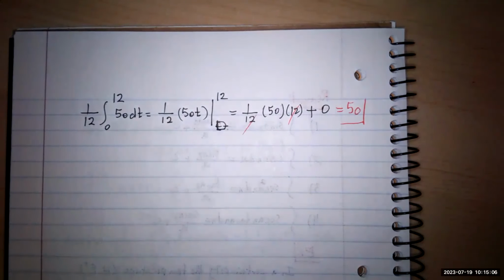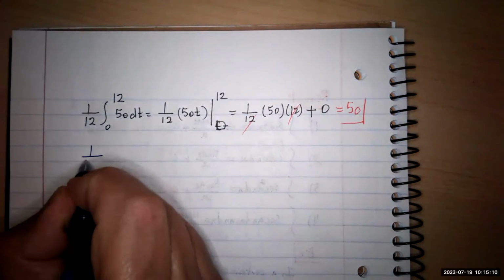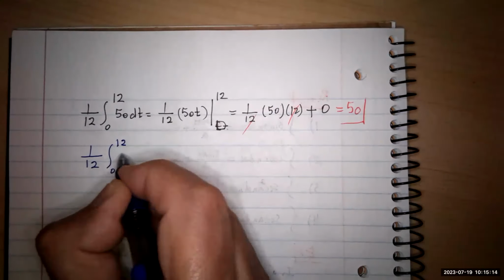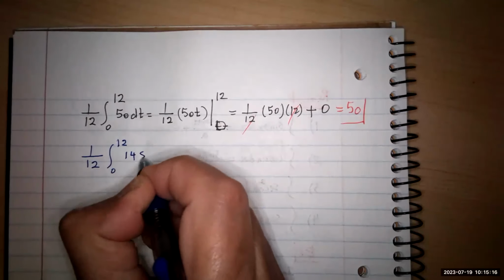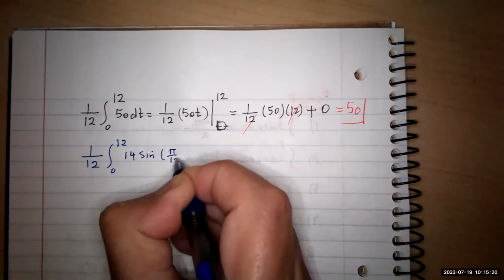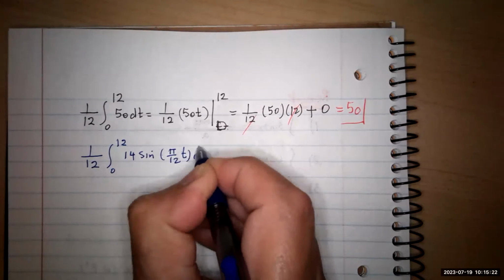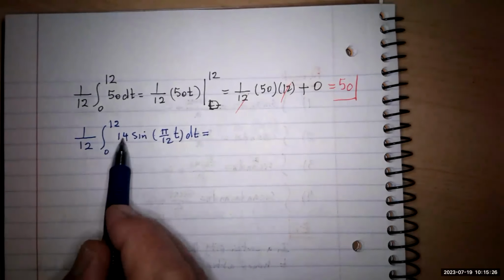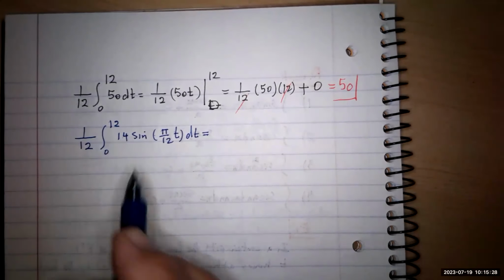Now the second part is our main concern. What was the second part? 1 over 12, integral from 0 to 12, of 14 sine of pi/12 t dt. You can pull this 14 out, it is a number.